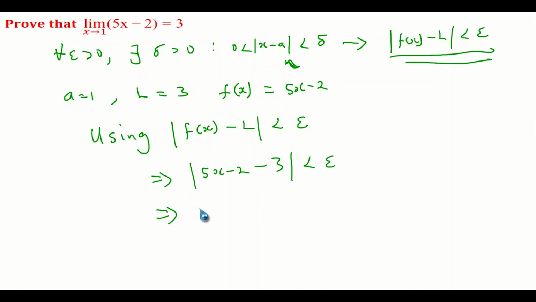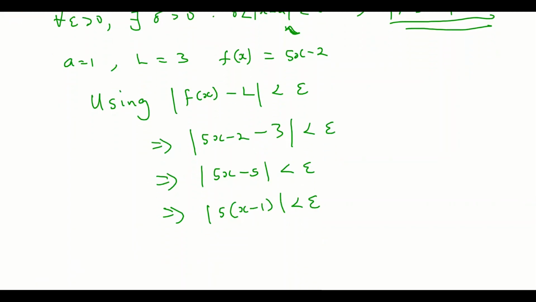If you simplify this, you get the absolute value of 5x minus 5 less than epsilon. I can factor out 5 here, so the absolute value of 5 into x minus 1 is less than epsilon.